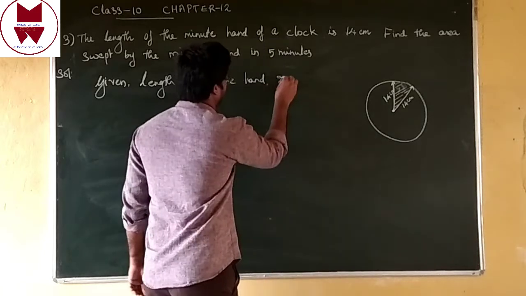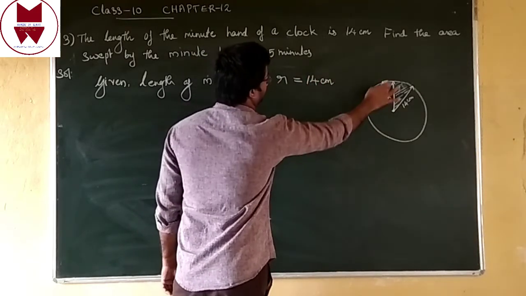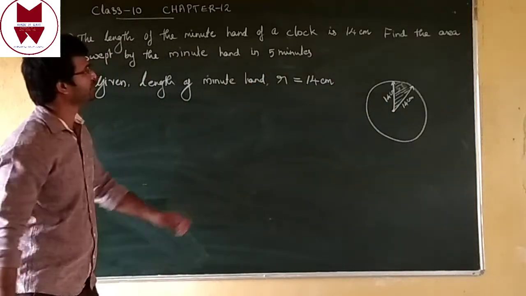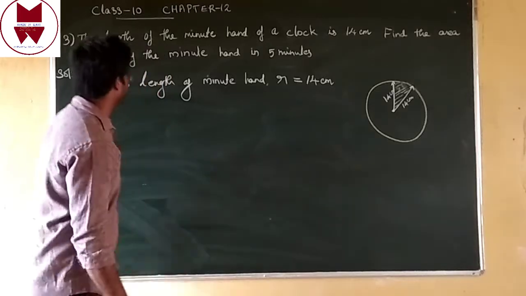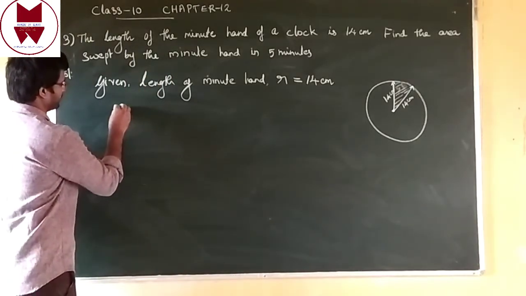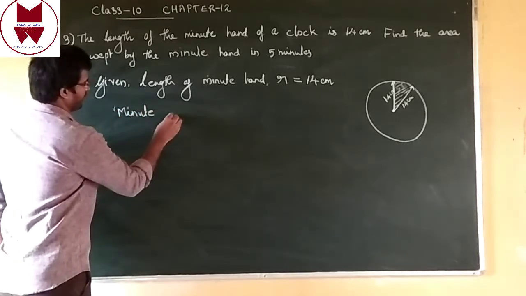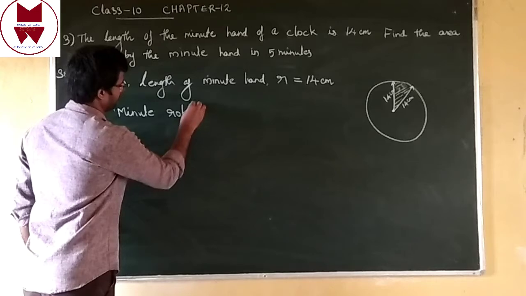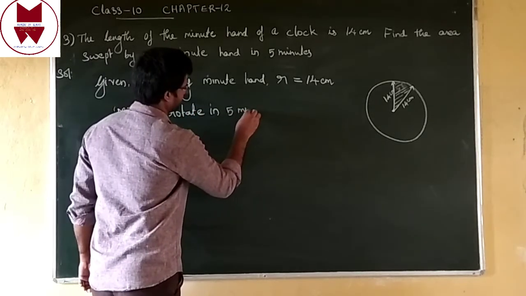We can say r, radius equal to 14 centimeter. This length is already given in the question also, that is 14 centimeter. We can consider that is a radius. Then the minute hand rotates in 5 minutes.